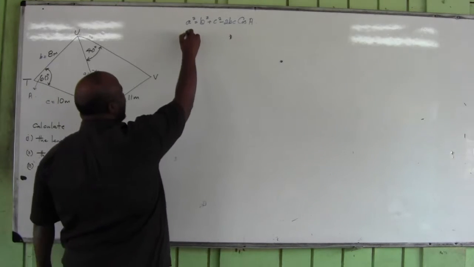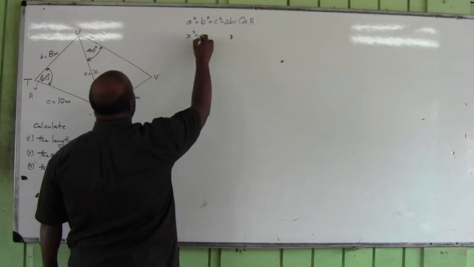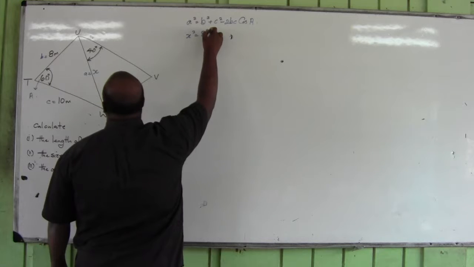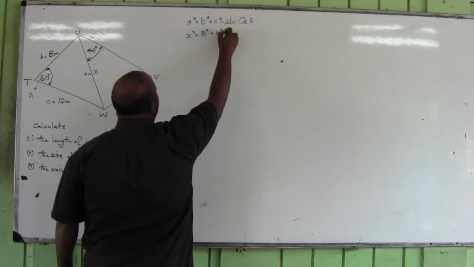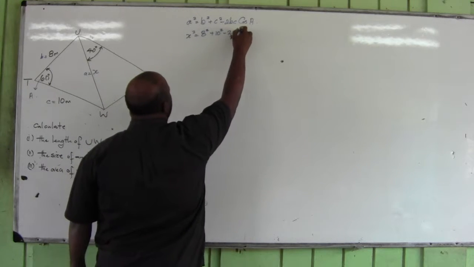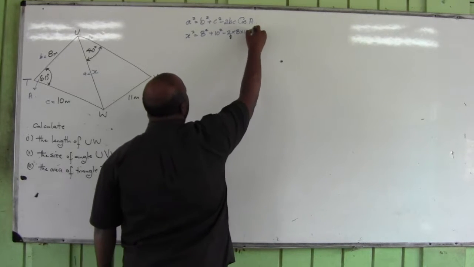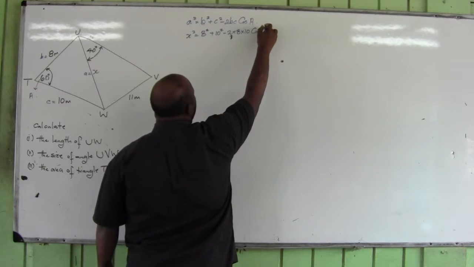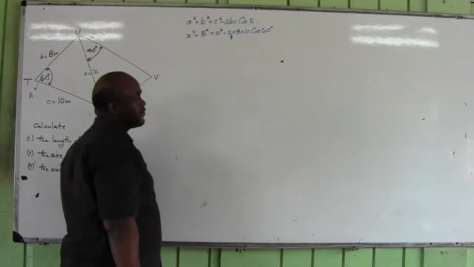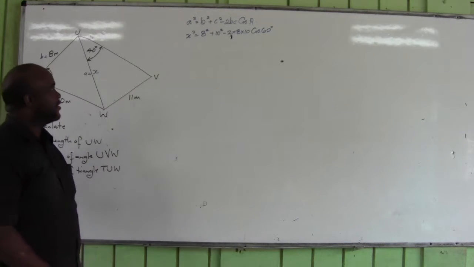So this would be x squared is equal to 8 squared plus 10 squared minus 2 times 8 times 10 times the cosine of the inclusive angle, which is 60 degrees. Alright, let's find this.